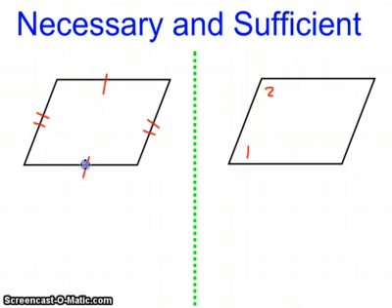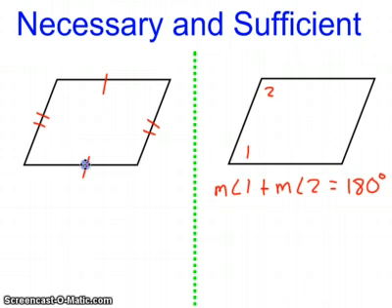I also know that if same side interior angles have a sum of 180, then I know that I have some parallel lines, which is what happens in a parallelogram. But what you're going to find is that this side is not sufficient.